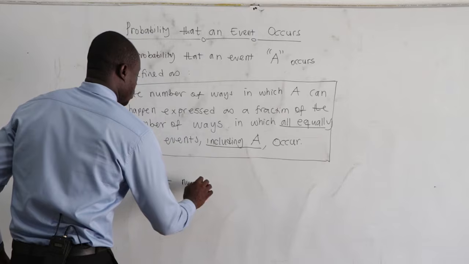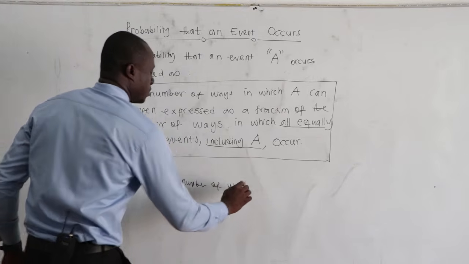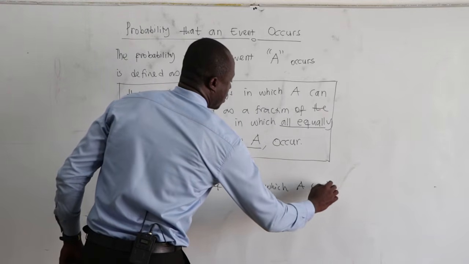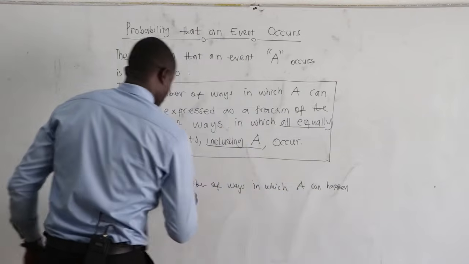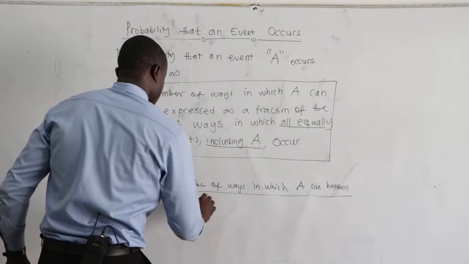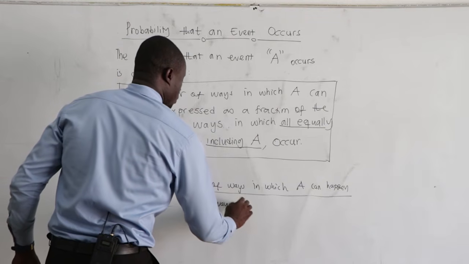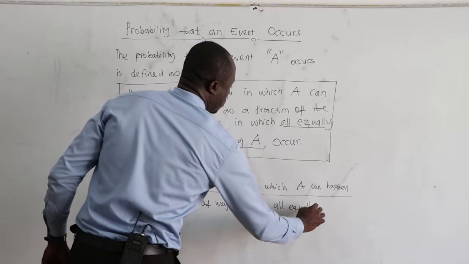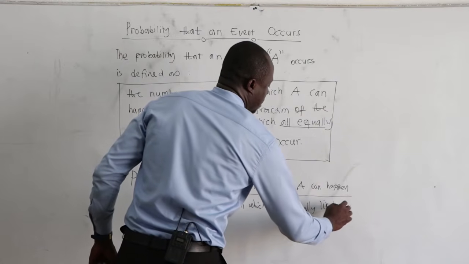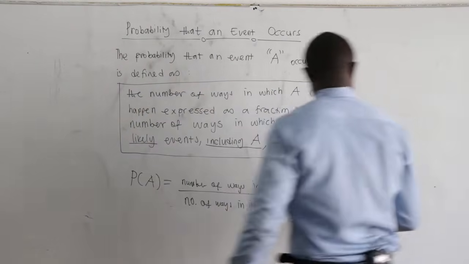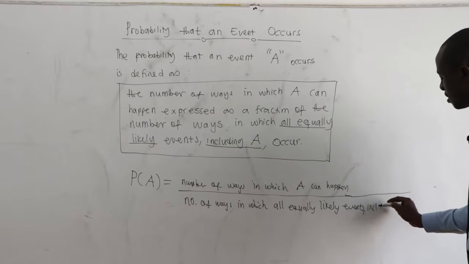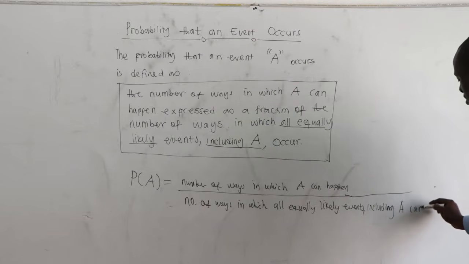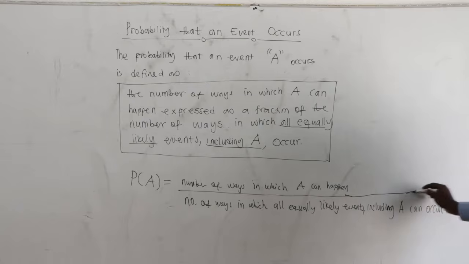Number of ways in which A can happen or occur, all over the number of ways in which all equally likely events, including A, can occur.